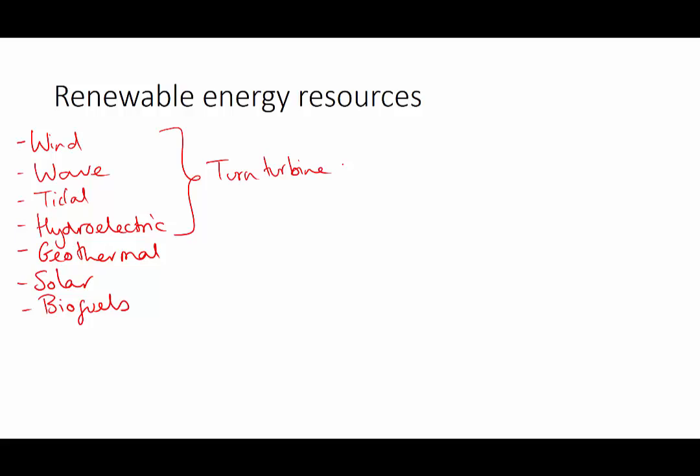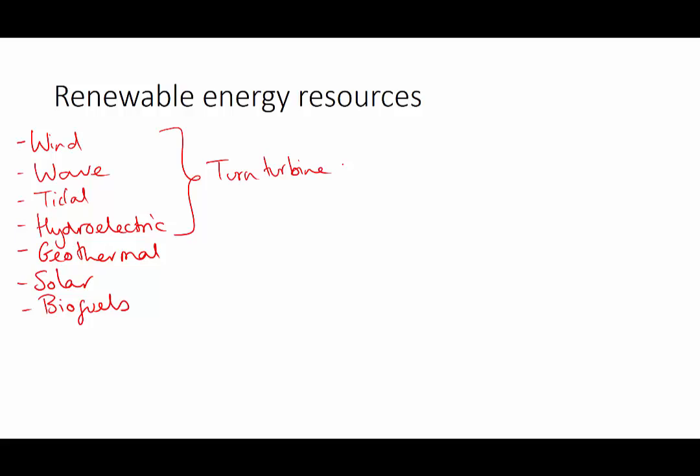Tidal is caused by the tides, which are the effect of the moon's gravity on our oceans. So as the moon goes around the earth and as the earth spins under the moon, that causes little bulges in the water level of the sea. And as that comes in and out through the openings of rivers or estuaries, that can turn a turbine.